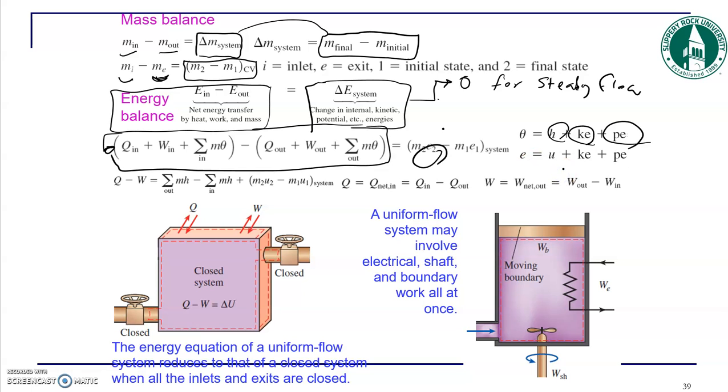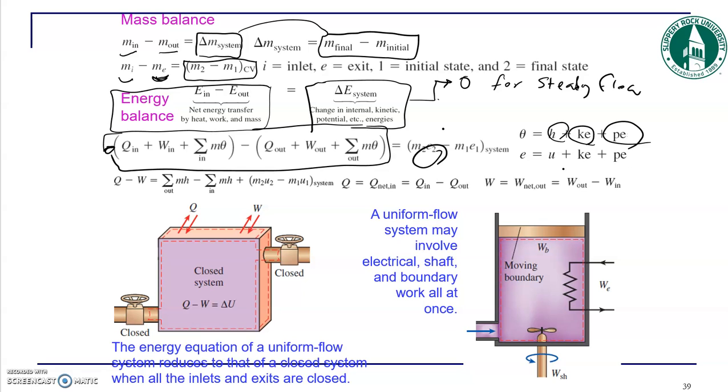This is not theta. Why? Because at the end of the process and at the beginning of your process, your system is still closed. So you consider it to be a closed system initially and at the end of the process. For a closed system, you don't have enthalpy. What you have is internal energy plus kinetic energy plus potential energy.